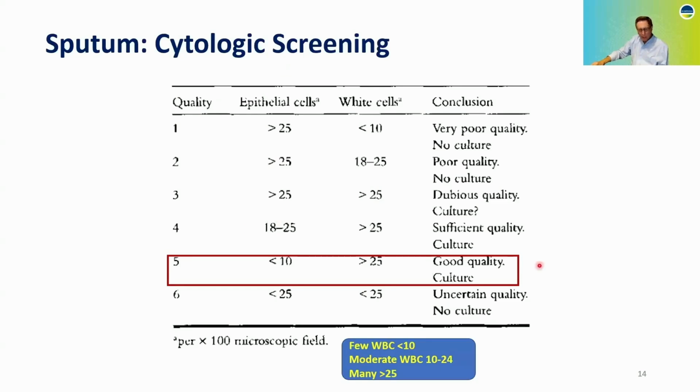What they were comparing was what's called a transtracheal aspirate. You actually put a catheter directly through the cricothyroid cartilage down into the lower respiratory tract and aspirate, and get a really good quality specimen free of any oropharyngeal contamination.